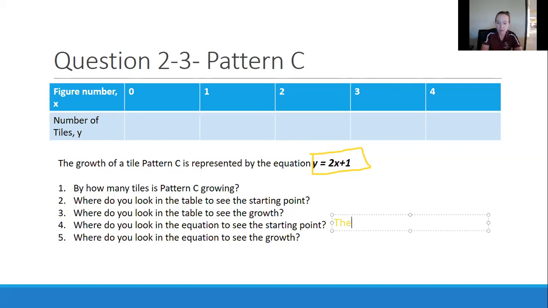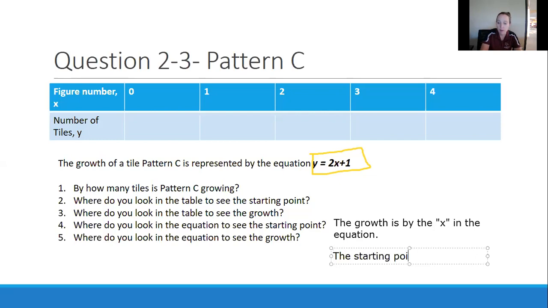So let's write out some answers here. Oh, I don't like the yellow. Hang on. So the growth is by the x. Okay. Notice in the equation where that growth is. That 2 is right here. It's right next to the x. But now we need to figure out where is the y-intercept, or where is the starting point?